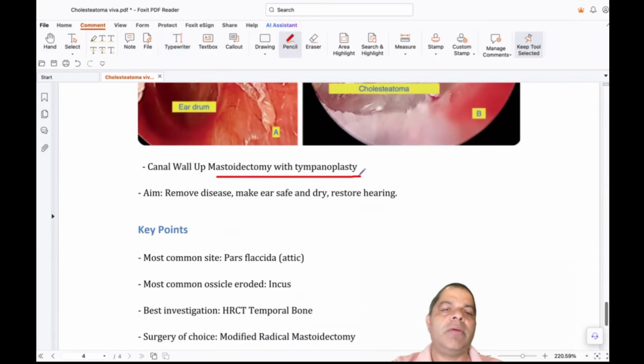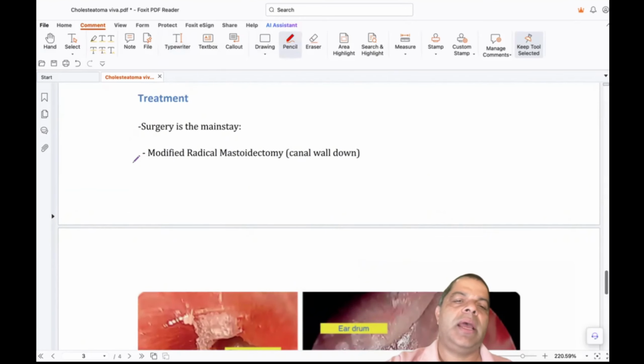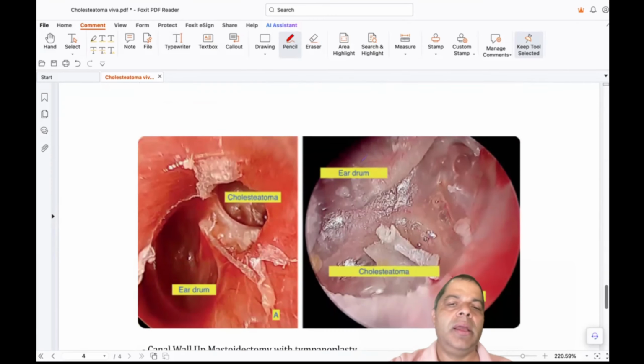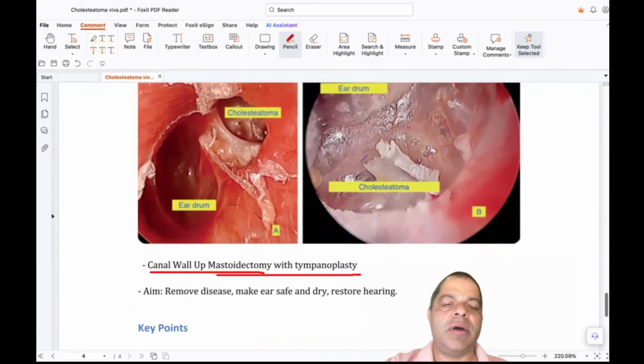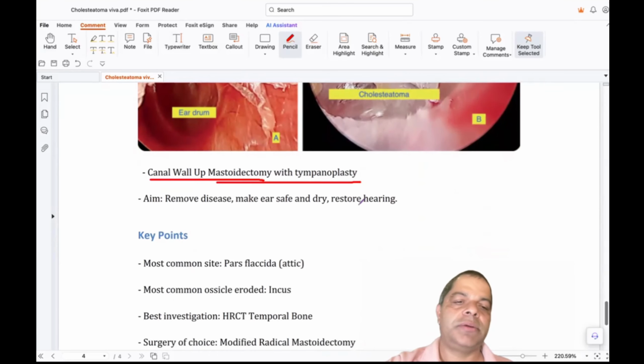If you say canal wall down, that is okay, but I am happier if you just answer modified radical mastoidectomy, canal wall down surgery, at undergraduate level. For postgraduates, you can tell canal wall down mastoidectomy, the advantages and disadvantages of canal wall down and canal wall up mastoidectomy, and tympanoplasty. But at undergraduate level, you have to come with modified radical mastoidectomy.